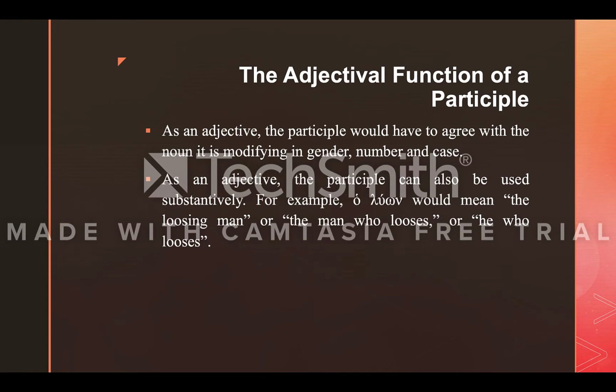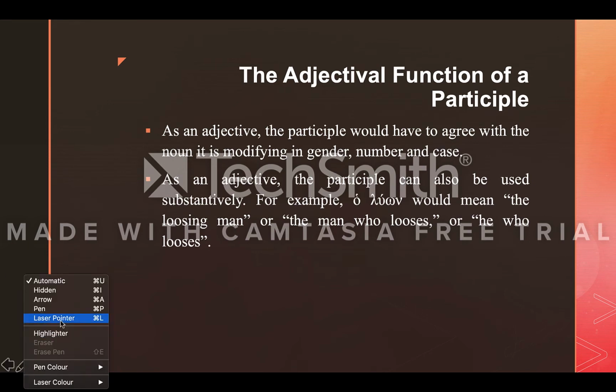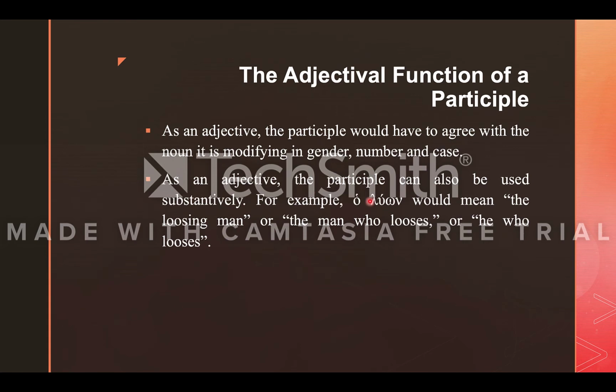As an adjective, the participle can also be used substantively. In other words, we can use it on its own to be the subject of a phrase or a sentence. Now, let's look at the example here.